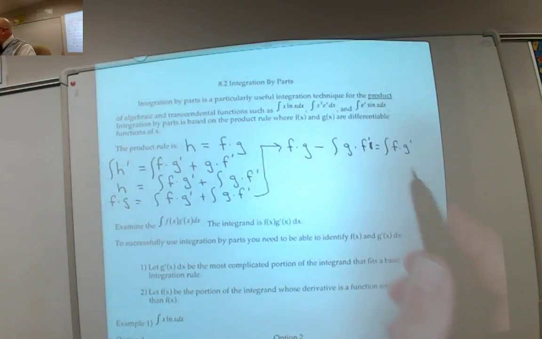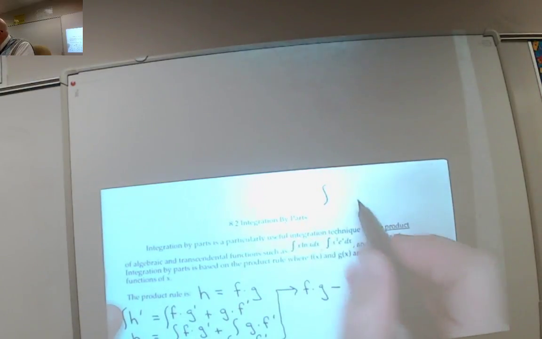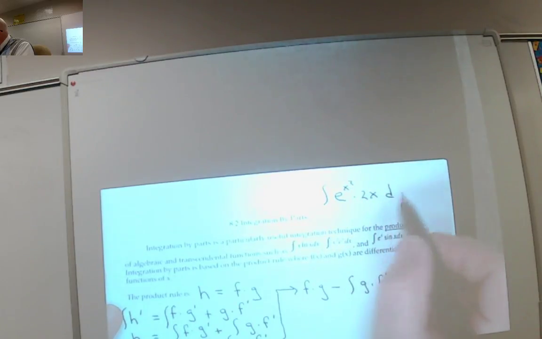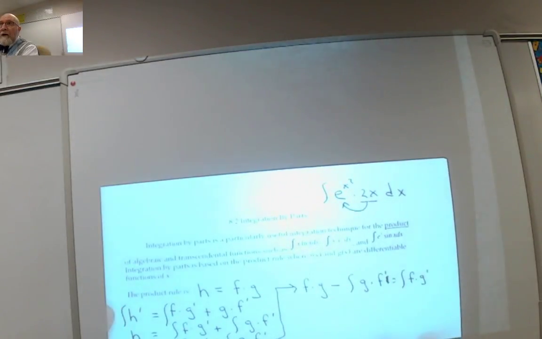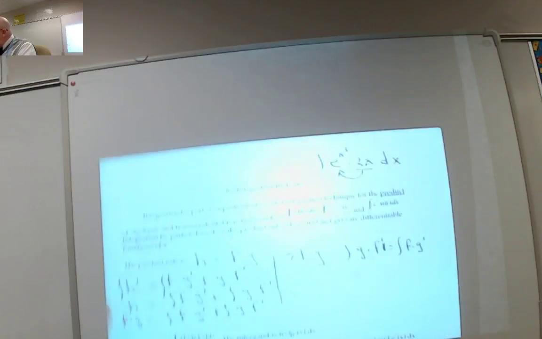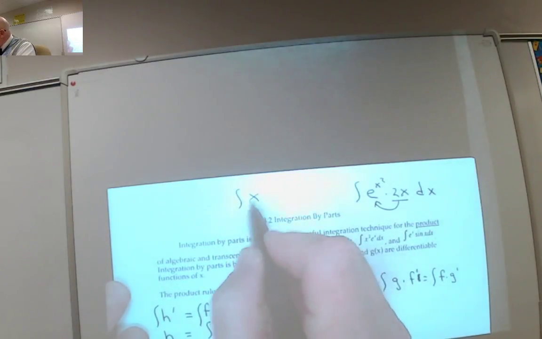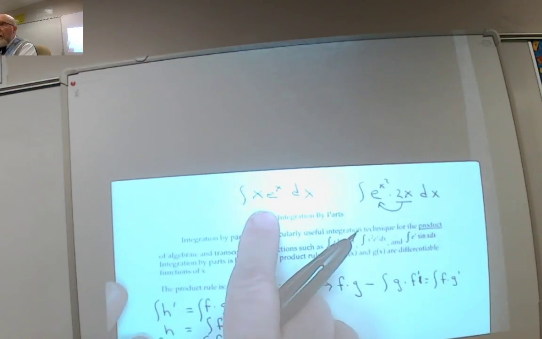And what I do is I take a look and I have two functions that are not related to each other. In other words, if I go back to this one where I have e to the x squared times 2x dx, this function right here has a relationship with that function, correct? Because it's created from the chain rule. This 2x came from that. But when I had this problem, I don't have that relationship, do I?